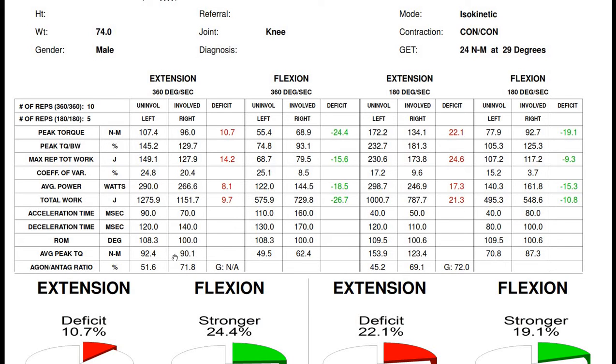And average peak torque we've discussed before. I'm going to ignore the agonist-antagonist ratio just for now, and we'll come back to it. So essentially, in terms of extension, I would say that everything here looks okay. There is, however, a deficit, no matter how you look at it, between the limbs during flexion.